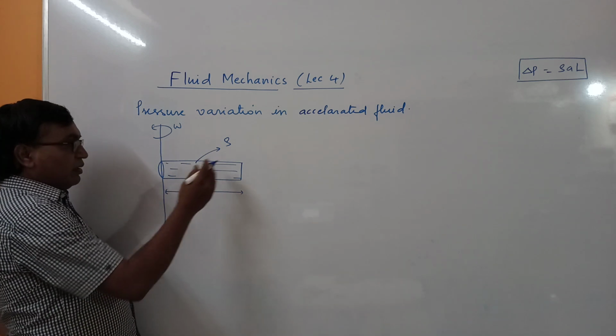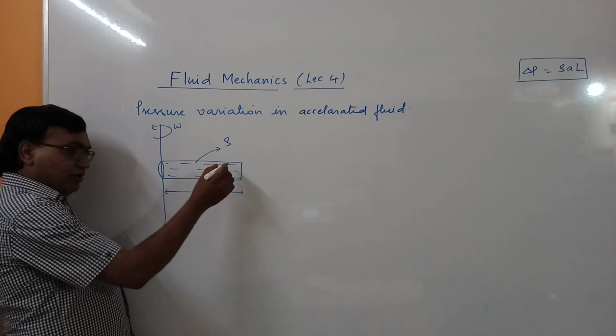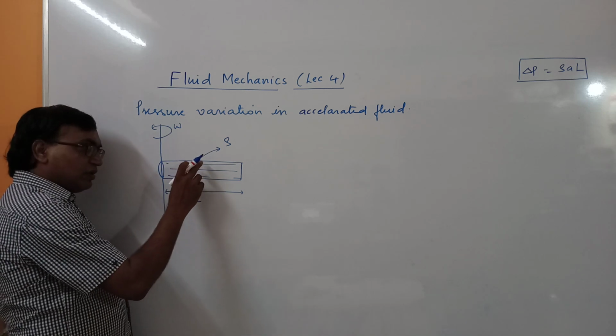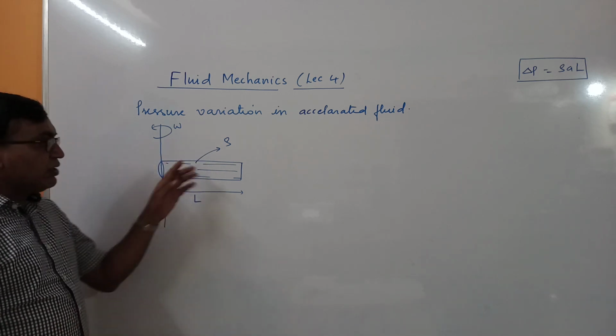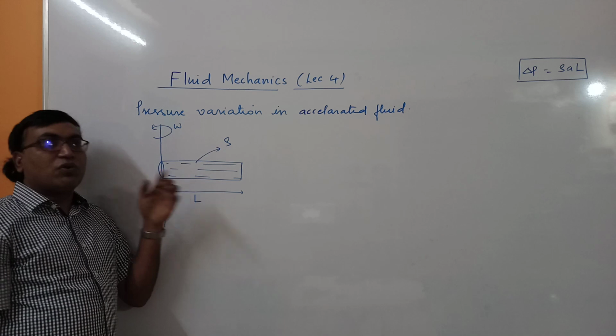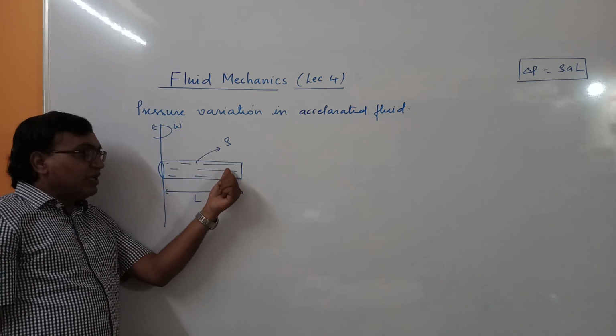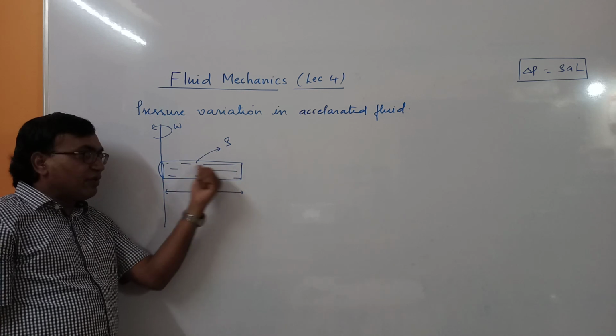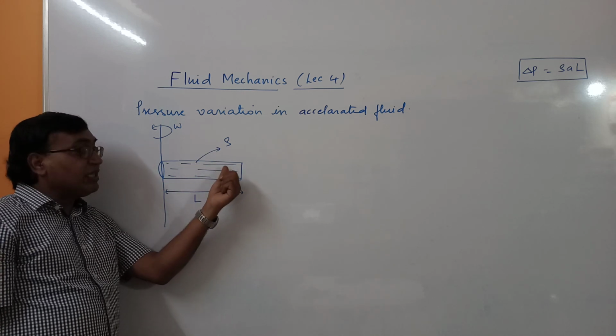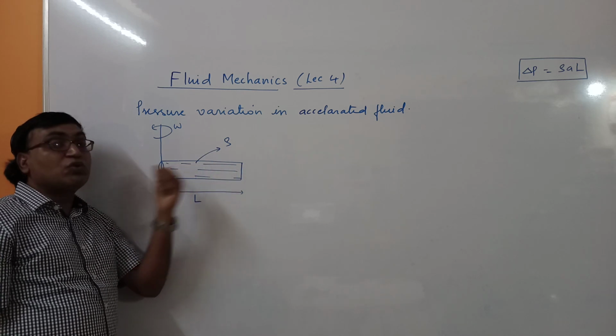Now when this tube rotates, along with the tube the fluid is also rotating. If this fluid is rotating, then there must be an extra force, so that there will be a centripetal force towards the center.